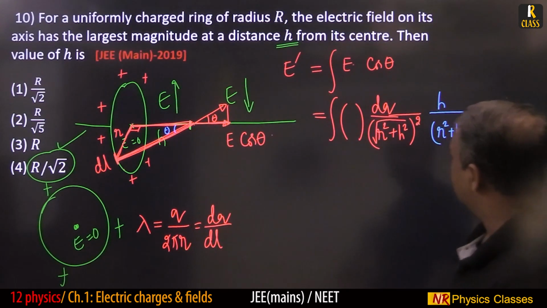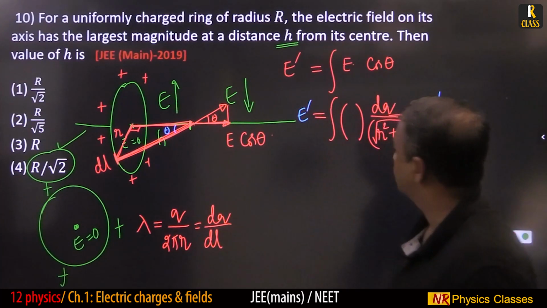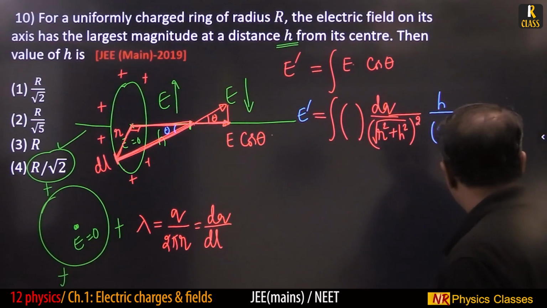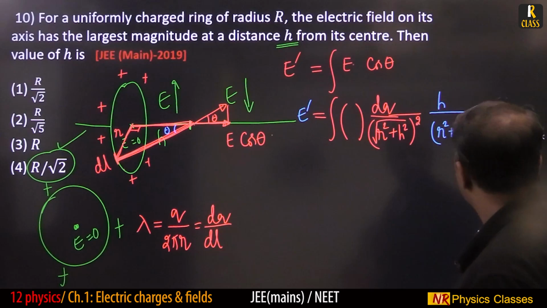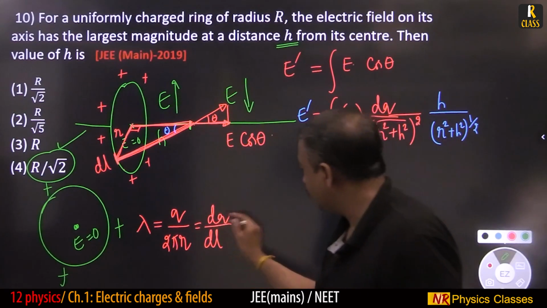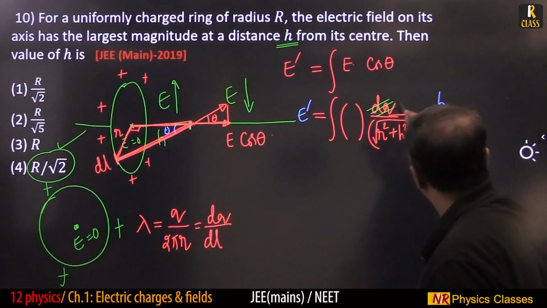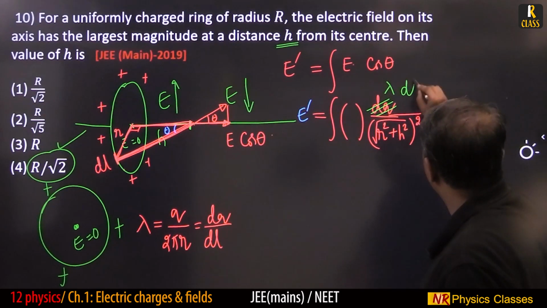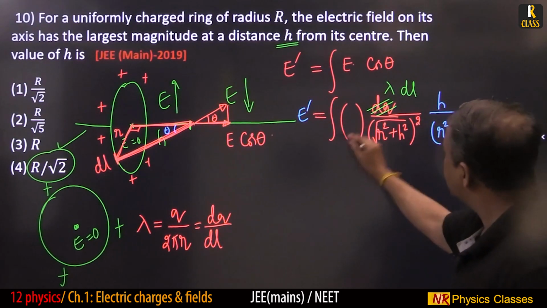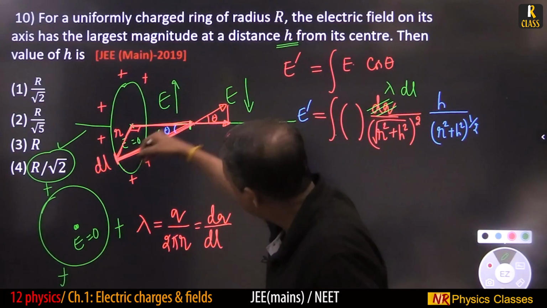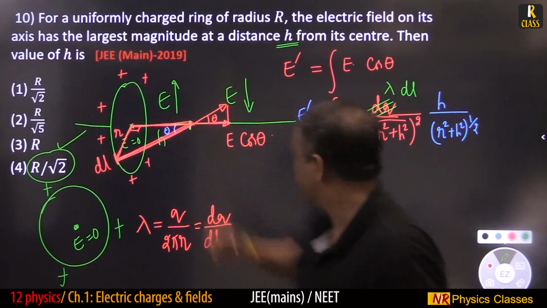So this is the equation for E dash. This dq, let us adjust here only. dq is lambda times dl. What is the integration of dl? Integration of dl is the total length 2 pi r.